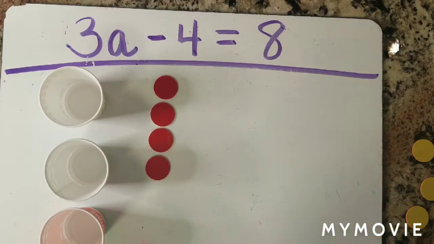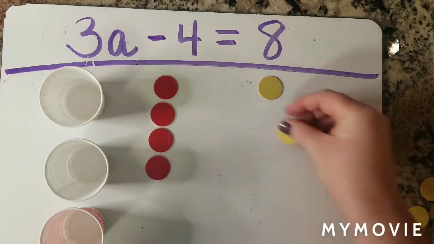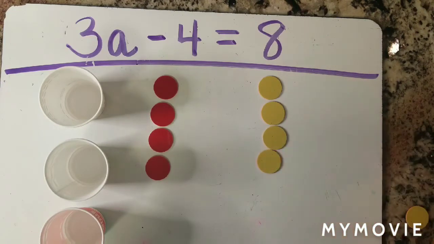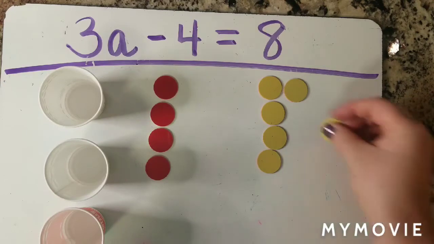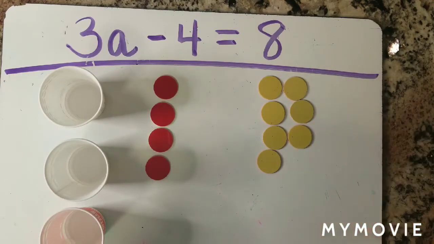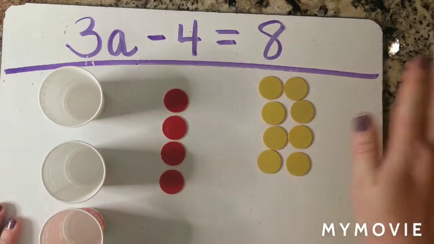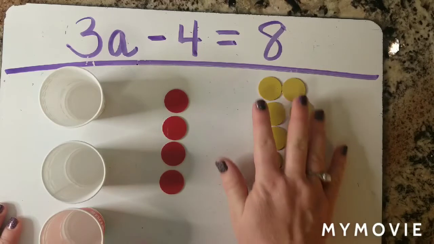And positive 8. 1, 2, 3, 4, 5, 6, 7, 8. So now we have 3a minus 4 equals positive 8.